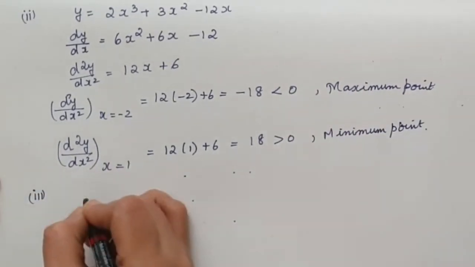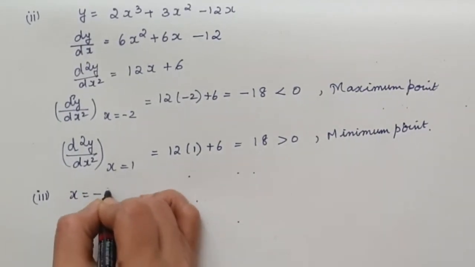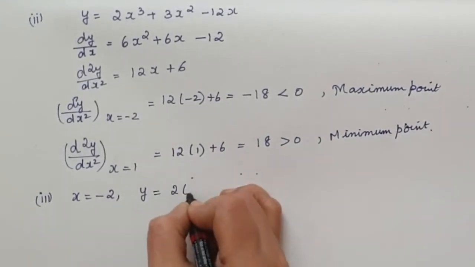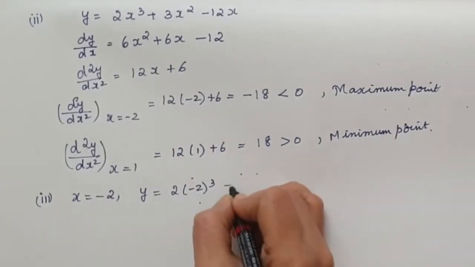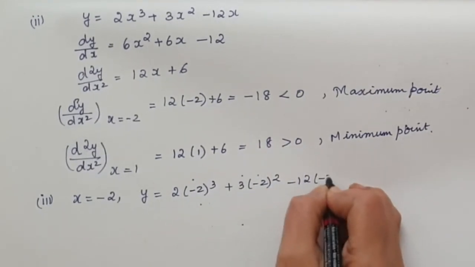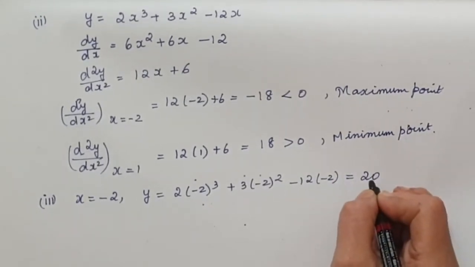Third part, you need to find the y coordinate. When x equal to minus 2, just substitute in the y value. So you get 2 into minus 2 cube plus 3 into minus 2 square minus 12 into minus 2. When we simplify, we get 20.